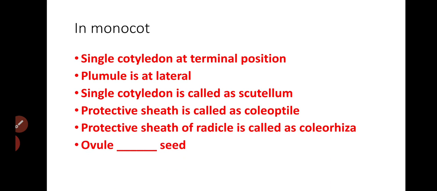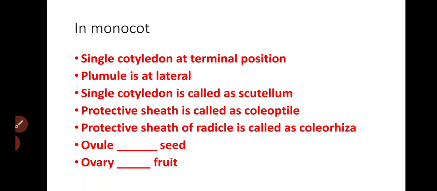Then the ovule is converted into the seed, and the ovary is converted into the fruit. Like this, we have seen the embryogenesis and the endosperm synthesis. The primary endosperm nucleus converts into the endosperm, and the zygote converts into the embryo.